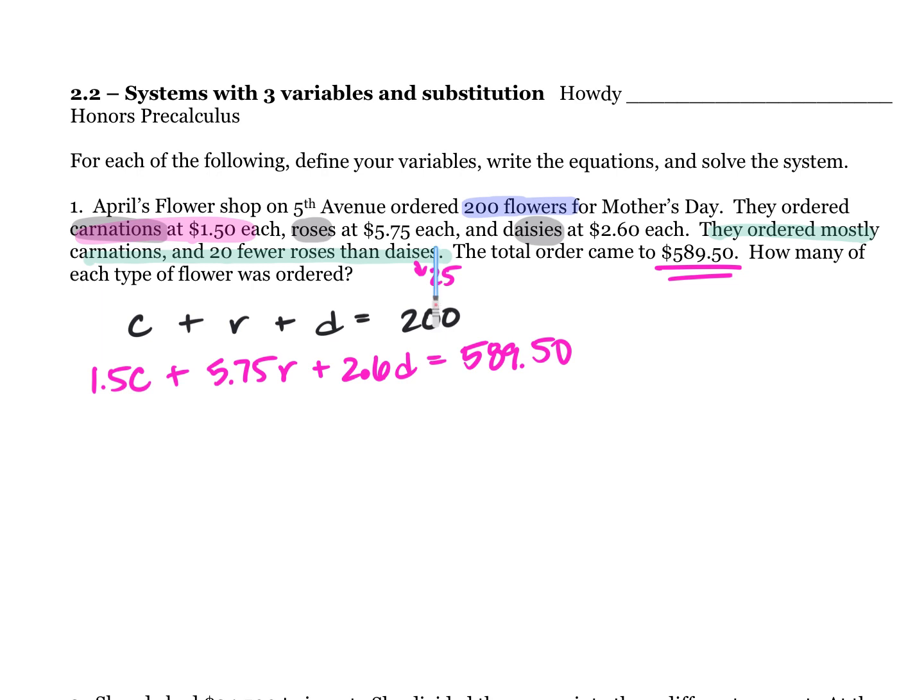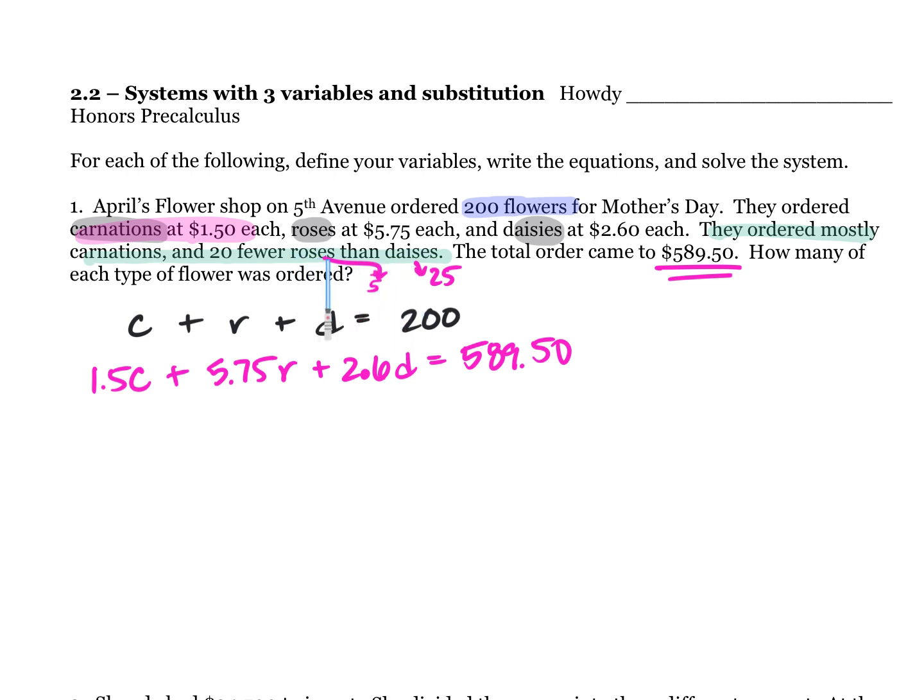I got 25 daisies, and I got 20 fewer roses than daisies. How many roses would I have gotten? 5. You guys, this was a skill that I learned in my SAT review class. I did one of those Princeton review classes when I was probably your age, and they're like, just make up numbers to help us figure out what equation to write.